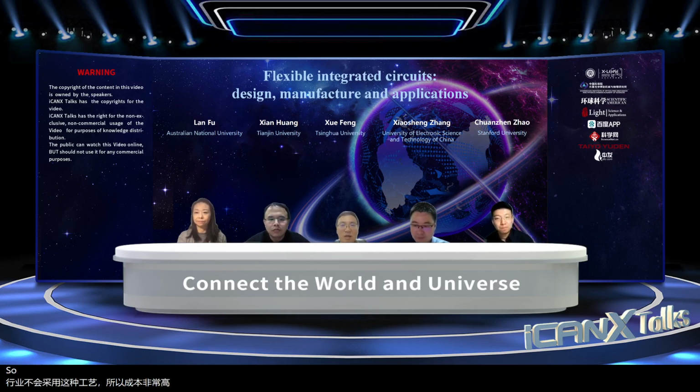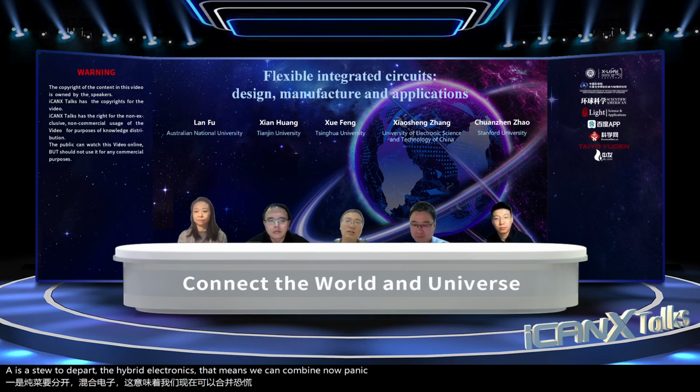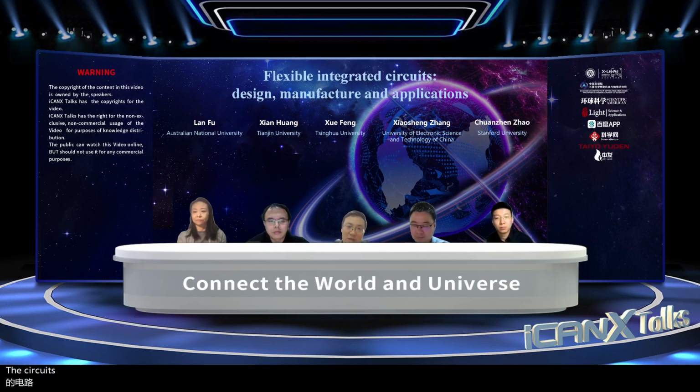So I think the best way for the current state is still to develop hybrid electronics. That means we can combine organic devices with inorganic devices. For example, maybe in the near future, we can develop a truly flexible cell phone. Now the cell phone's display is flexible, however the circuits and chips in the cell phone are not flexible.